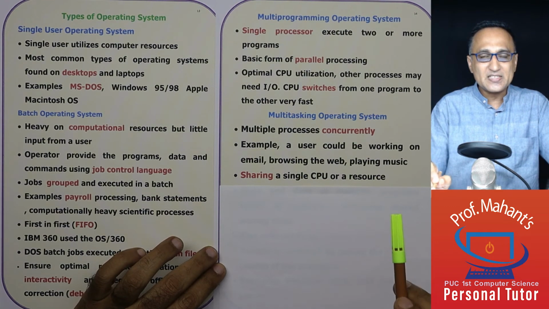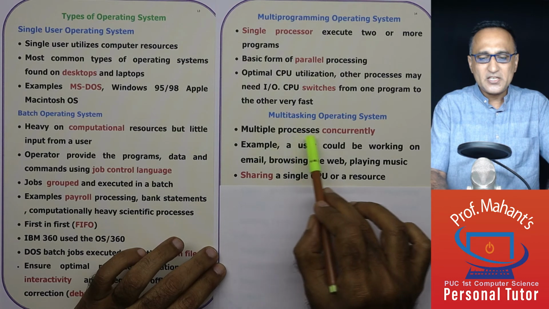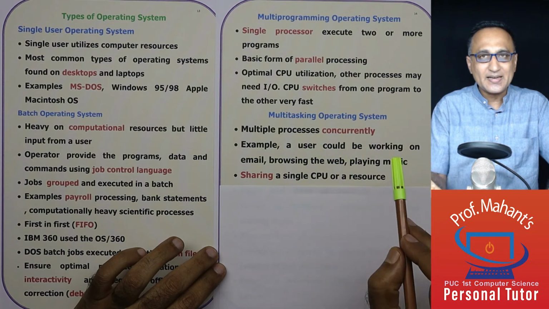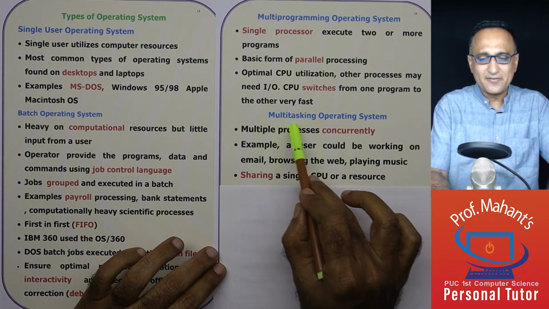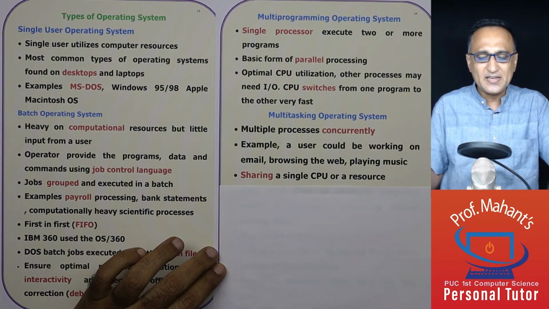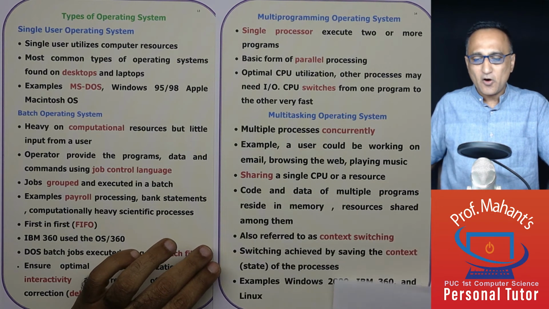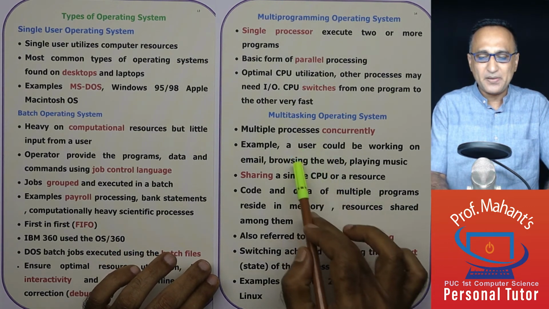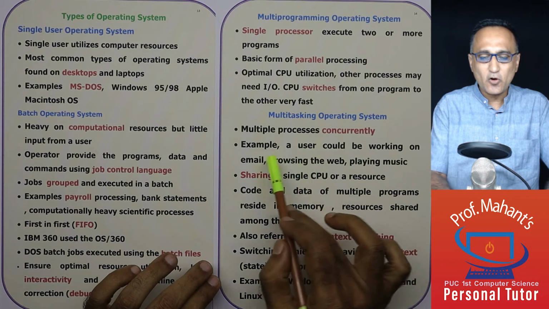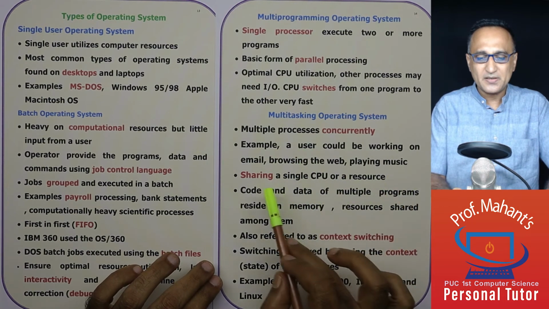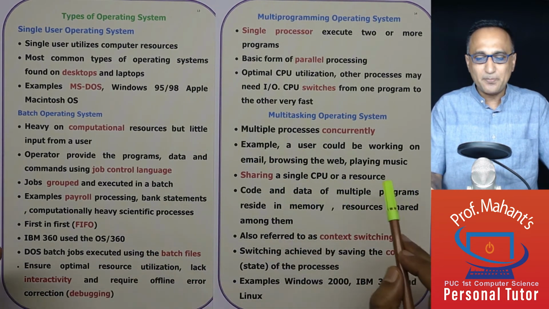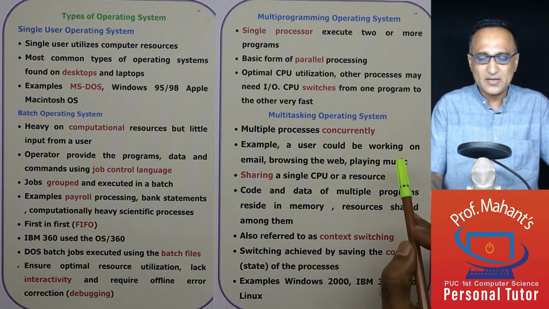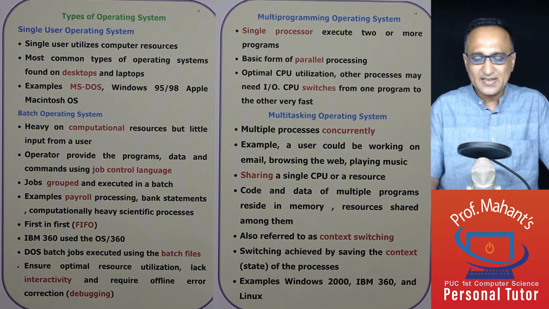An operating system which allows all these processes to run concurrently at the same time is referred to as a multitasking operating system. Generally, a single CPU or resource is shared between multiple applications or tasks. These are all different tasks I am doing, but the same CPU or the same printer or the same monitor or the same keyboard is used across all the tasks.